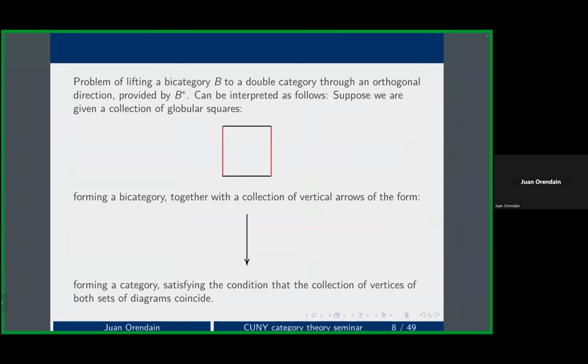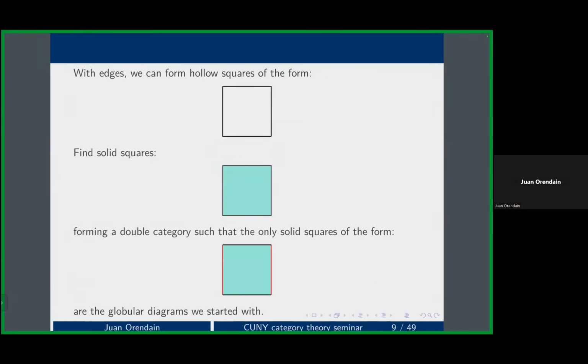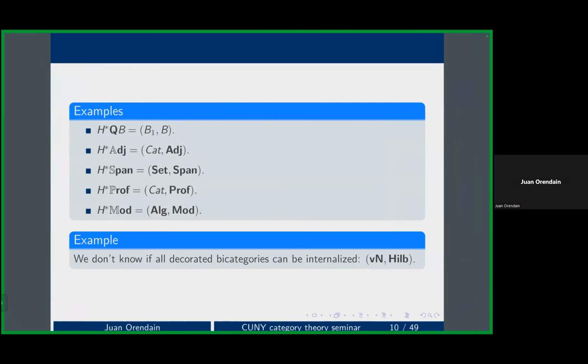With the horizontal arrows of the squares and the vertical arrows, I can form a bunch of hollow squares like this, and I'm asking for ways of filling those squares, finding a collection of solid squares, so that they form a double category where the globular squares are the original globular squares we started with. That's, very pictorially, the thing that I want to do.